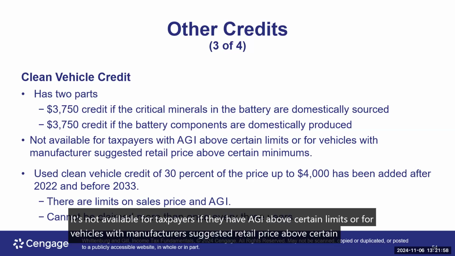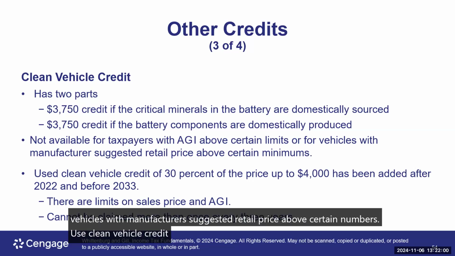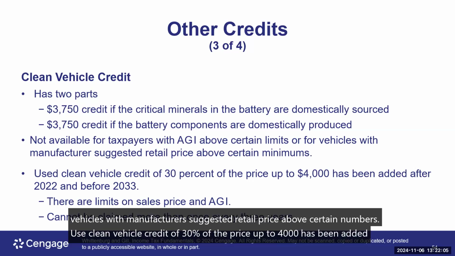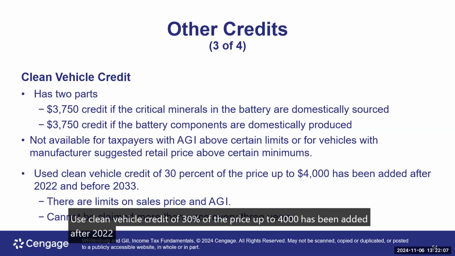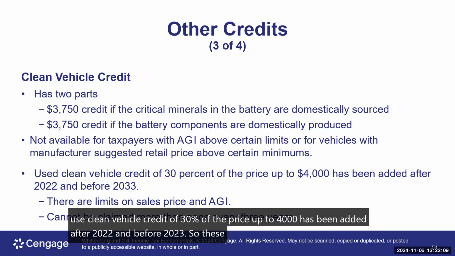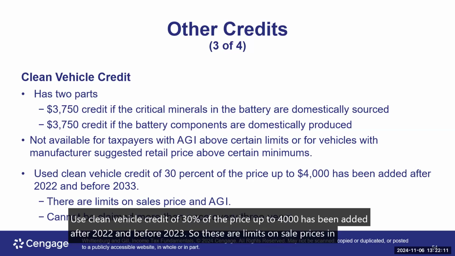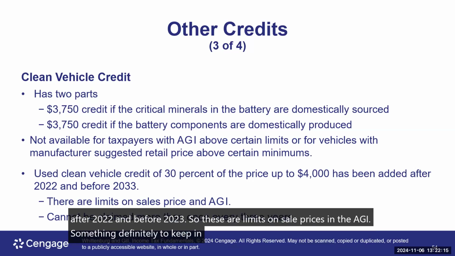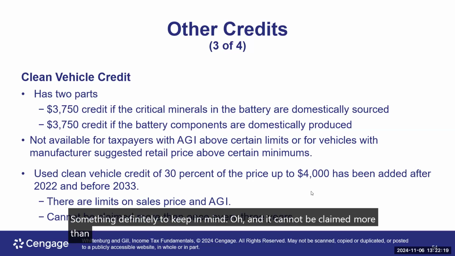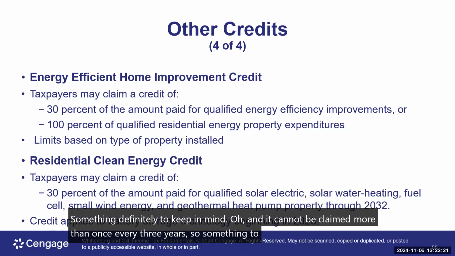A used clean vehicle credit of 30% of the price, up to $4,000, has been added after 2022 and before 2023. So these are limits on sale prices and AGI, something definitely to keep in mind. Oh, and it cannot be claimed more than once every 3 years. So something to also really keep in mind.